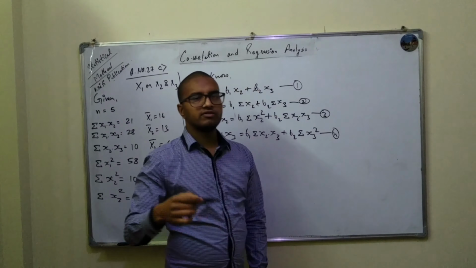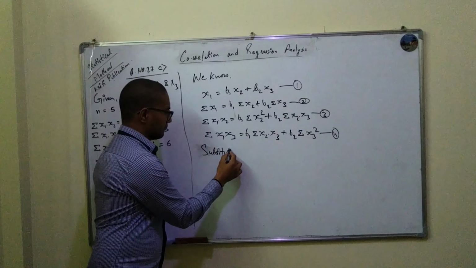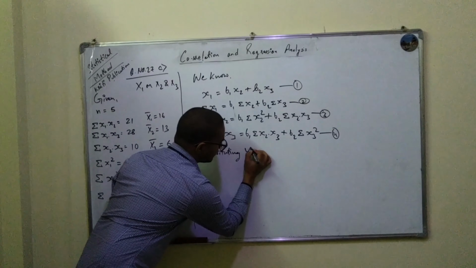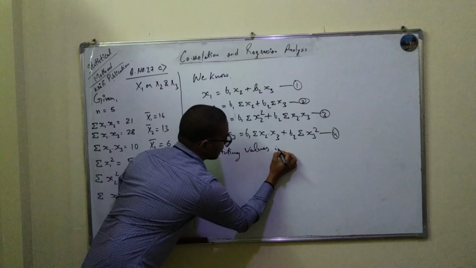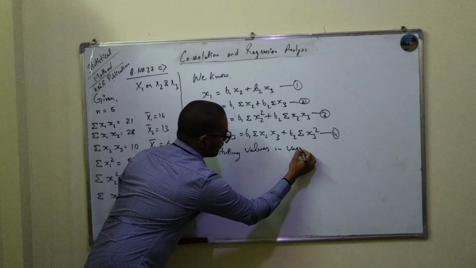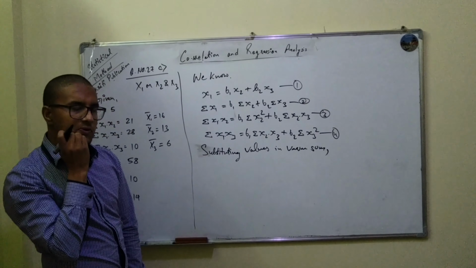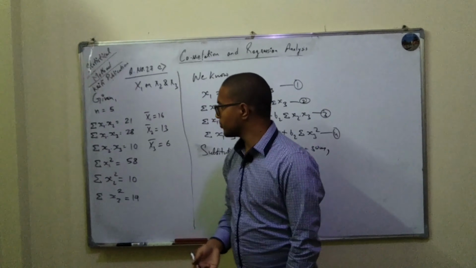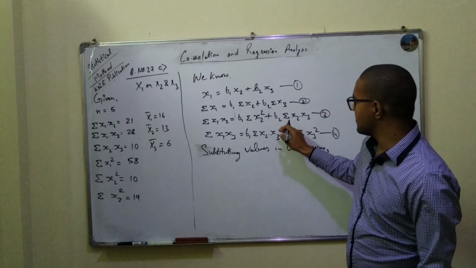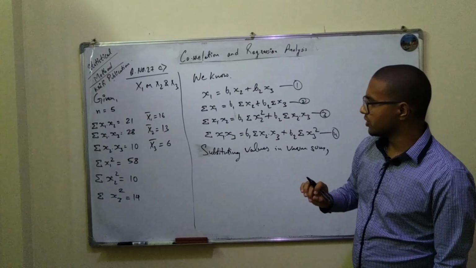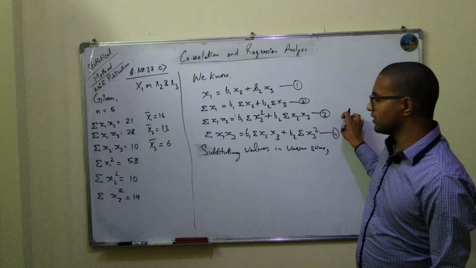Or you could say substituting values in various sums. So how much will we get? We just replace the values in the third and fourth.